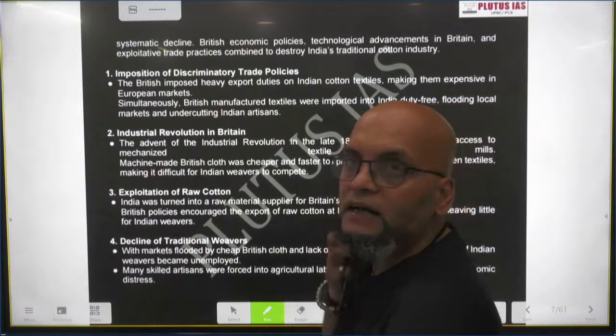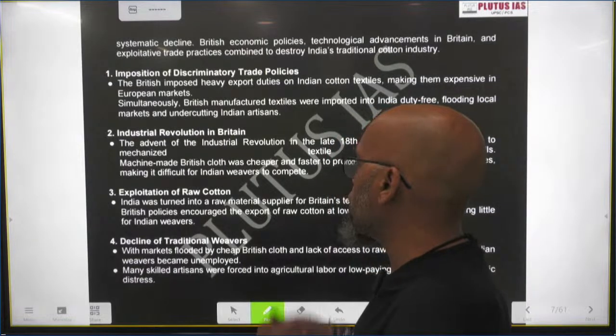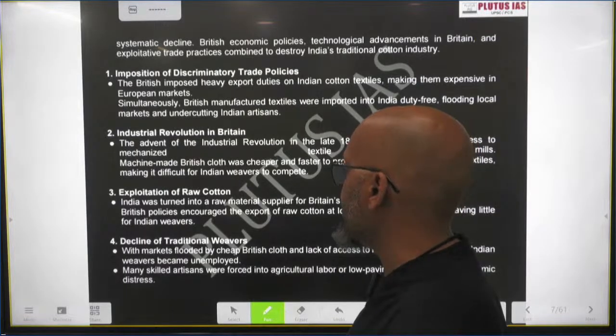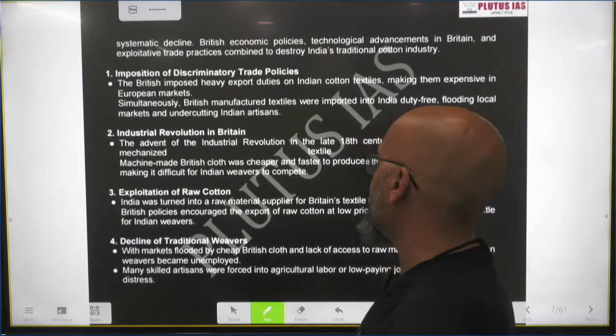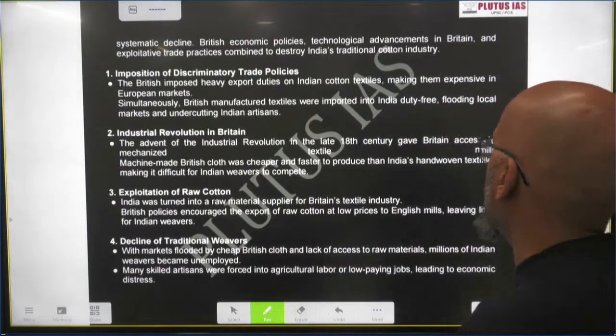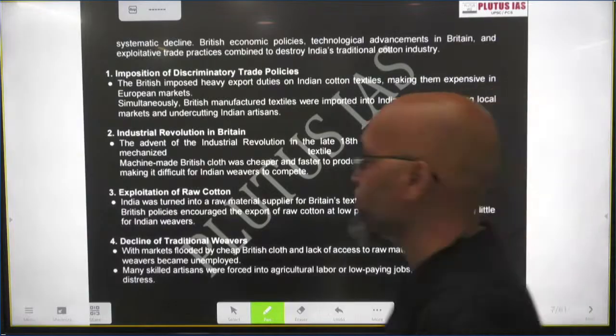That's why Indian weavers could not compete. Next, exploitation of raw cotton. India was turned into a raw material supplier for Britain's textile industry. British policies encouraged the export of raw cotton at low prices to English mills, leaving little for Indian weavers.